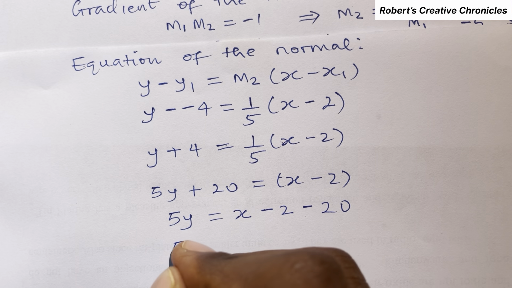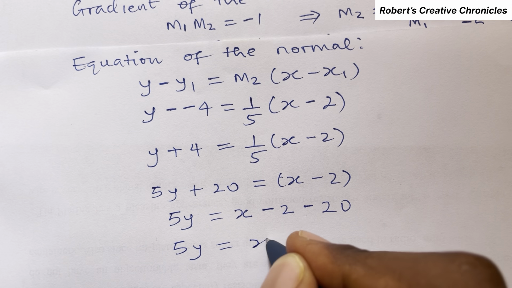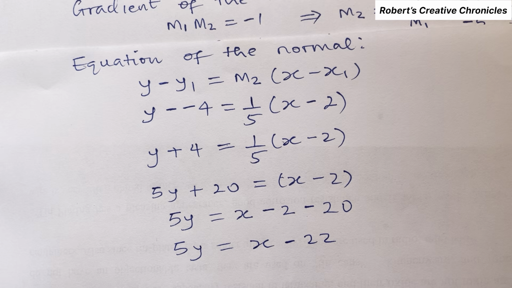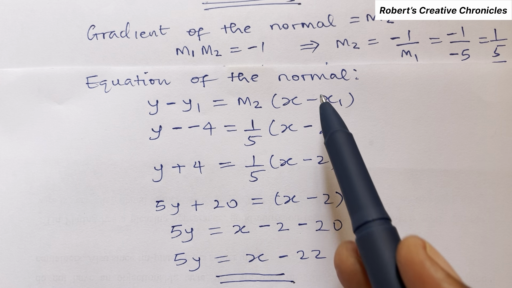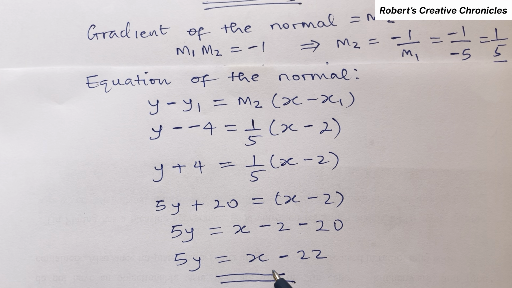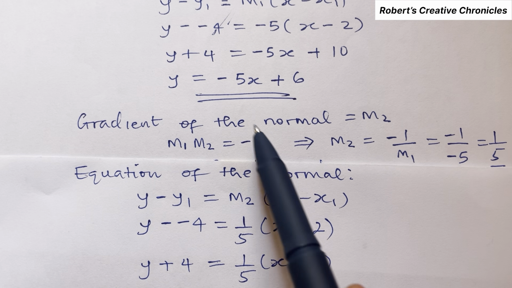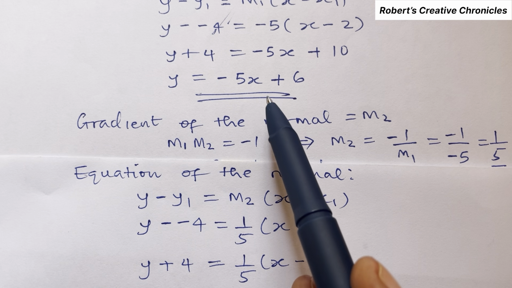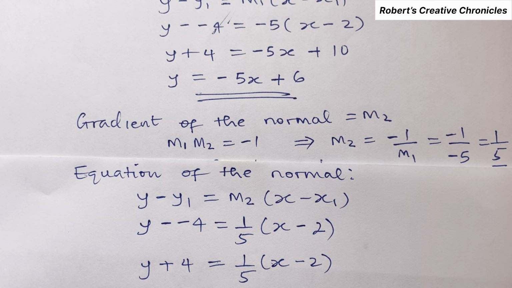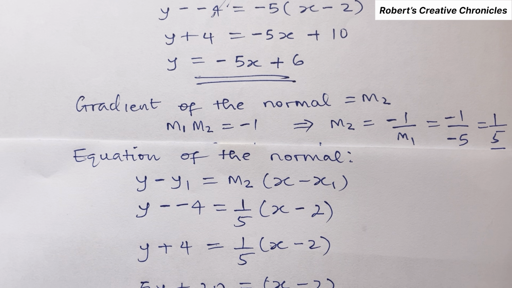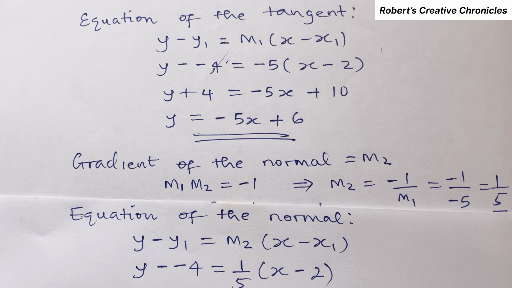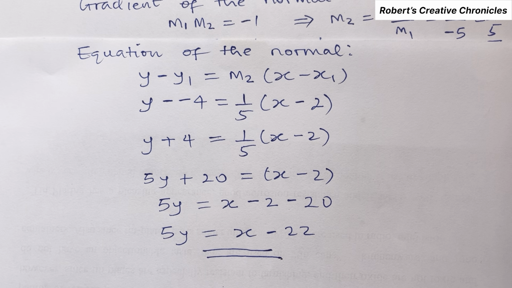So this becomes 5y is equals to x minus 22. So the equation of the normal is 5y is equals to x minus 22. And the equation of the tangent is y is equals to negative 5x plus 6. So here are the two equations, the equation of the tangent and the equation of the normal.